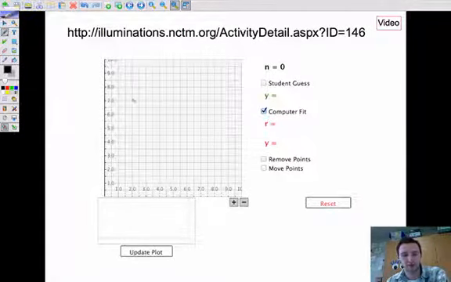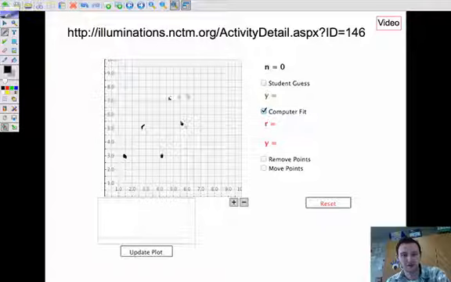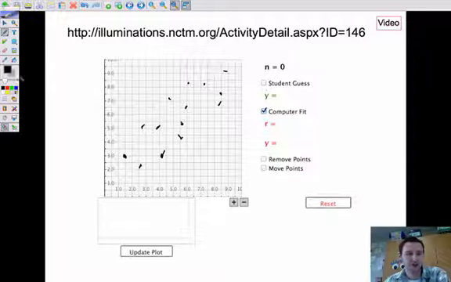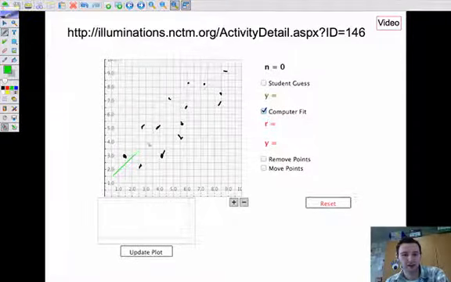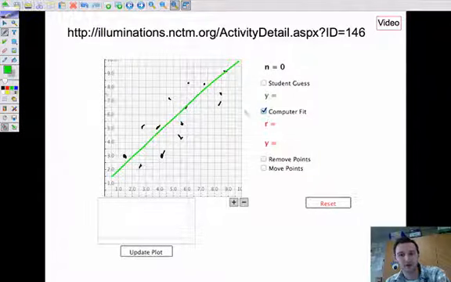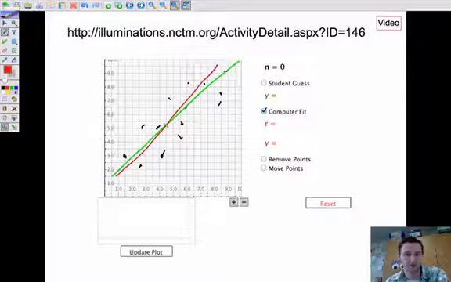it'll come with this little simulation, and what it'll let you do is it'll ask you to plot a whole bunch of random points on here, and then click on student guess, and you'll try to fit a line to this scatter plot. And then when you check computer fit, it'll show you how close you were to the actual line. Okay, so you can play around with that.